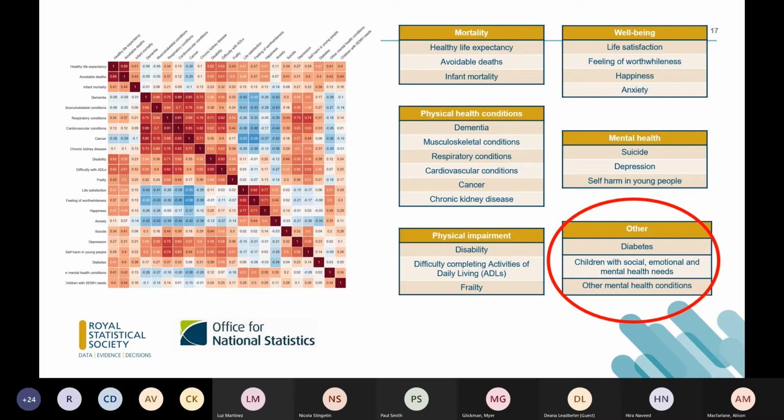it didn't make sense to include some of these as their own subdomain. For example, here we have other mental health conditions, which is conditions such as schizotypal ones and bipolar disorder.